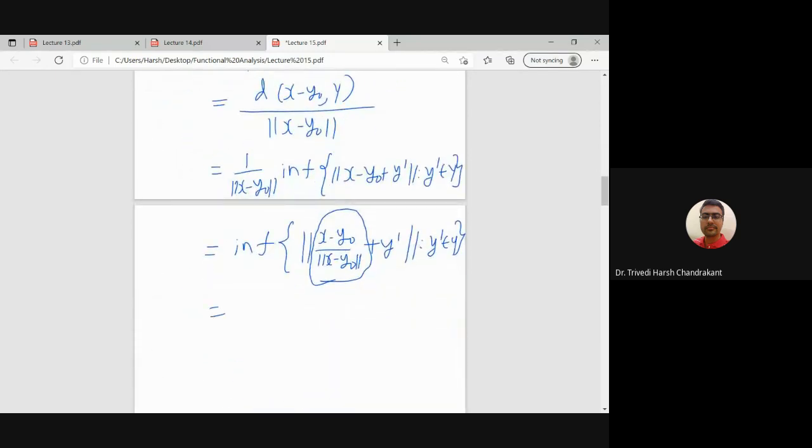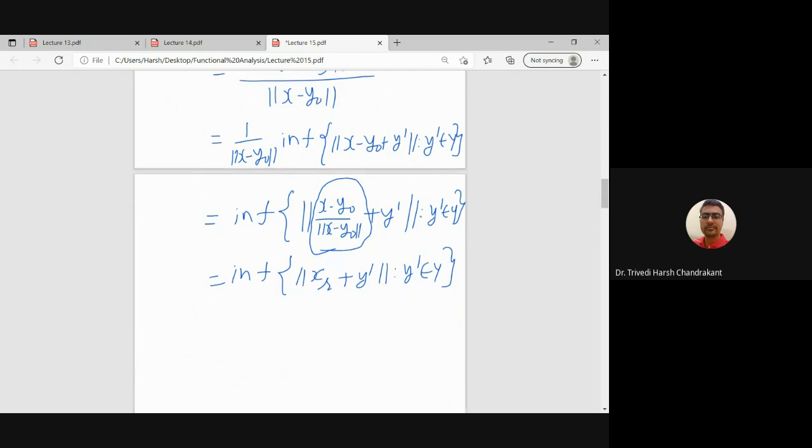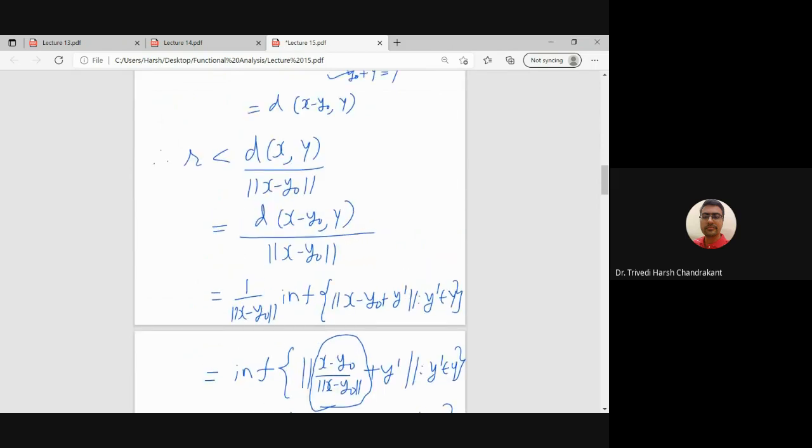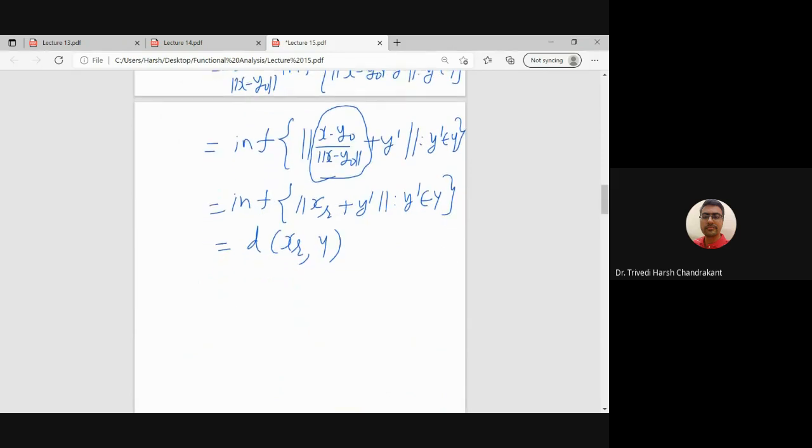So this is basically the infimum of the norm of xr, sorry, yr, yeah, so it is xr plus y dash, y dash belongs to Y. So what is this? This is the distance of xr with capital Y, and that is bigger than r, right?